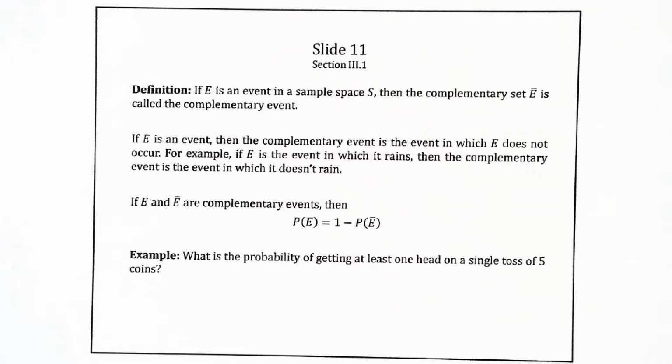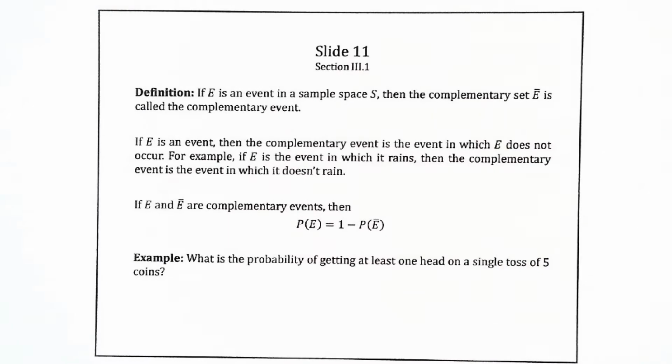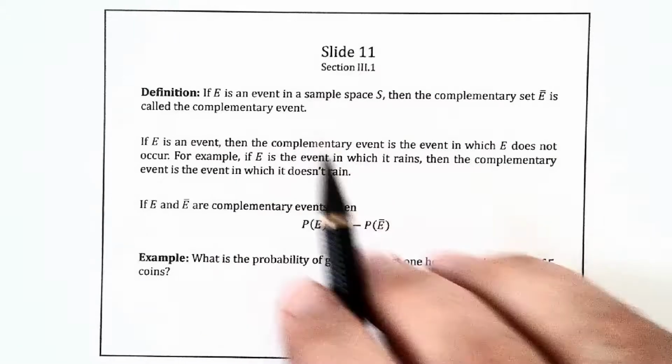So if E is an event in the sample space S, then the complementary event, E bar, notice there's a little bar over the E there. That's the complementary event. The complementary set, E bar, is the complementary event.